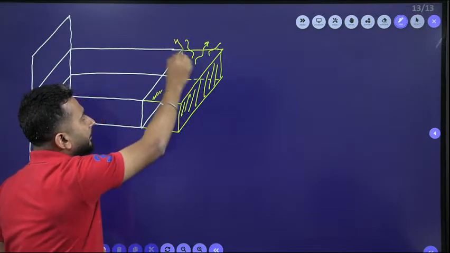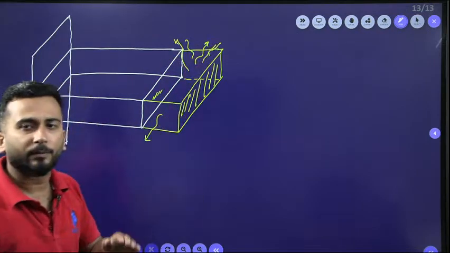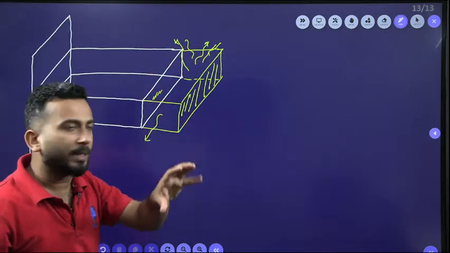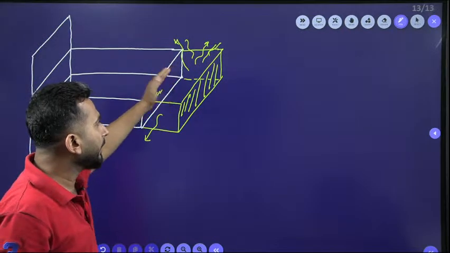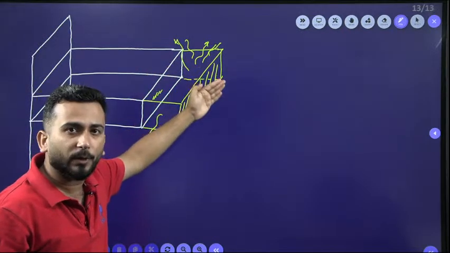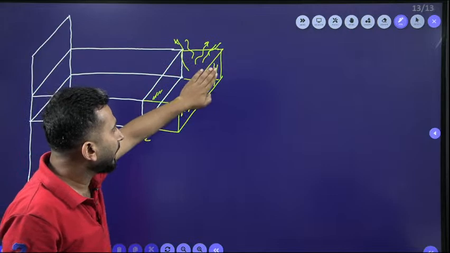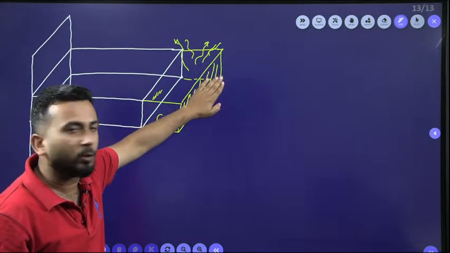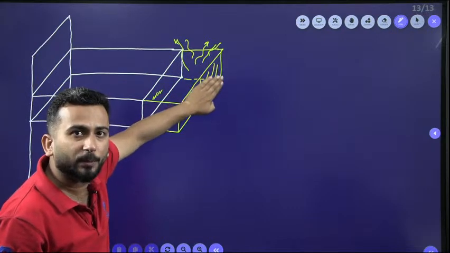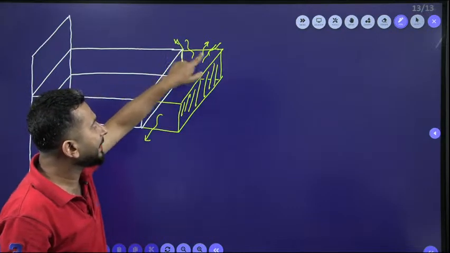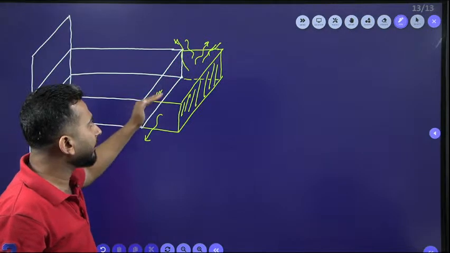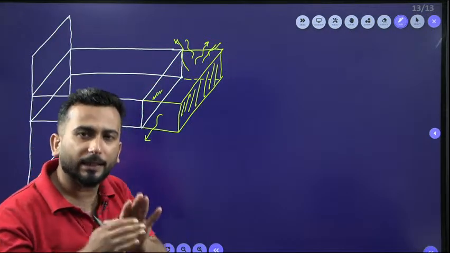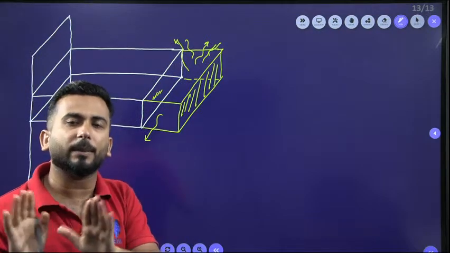I repeat again. If I have to use the case of insulated tip over here, I will increase the length of the fin and then insulate this face, so that whatever heat I am preventing from this face, I let it get convected from the other faces, so that the net heat convected remains the same.